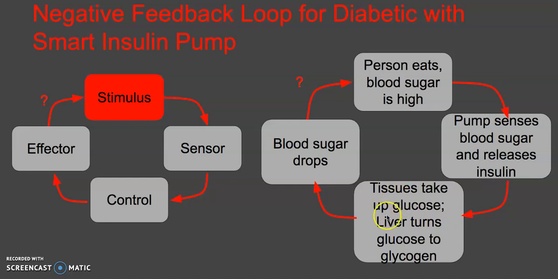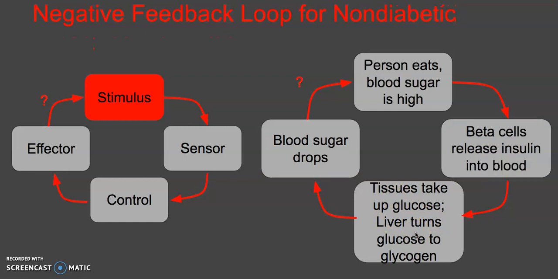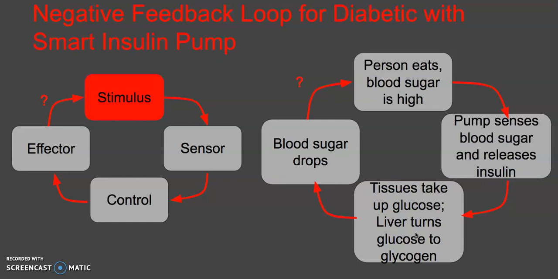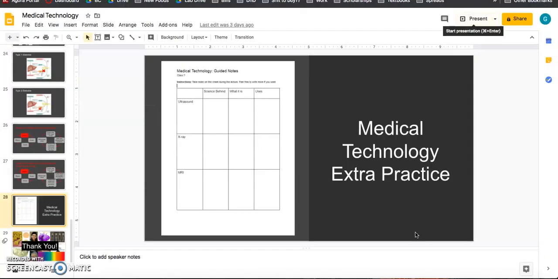So then tissues are able to take up glucose, and the liver turns glucose into glycogen, and the blood sugar drops. So you see that this looks essentially the same for non-diabetics and diabetics who have smart insulin pumps. And so diabetics that closely manage their blood sugar and closely track how much insulin is in their blood are able to live life very similar to non-diabetics.